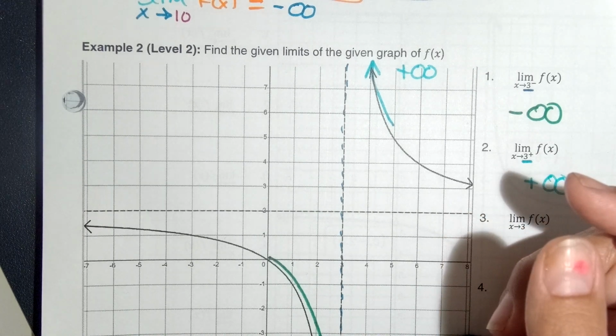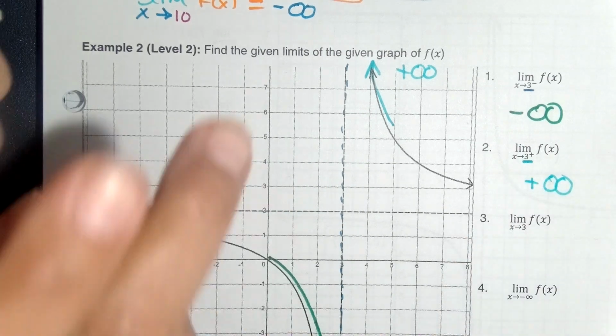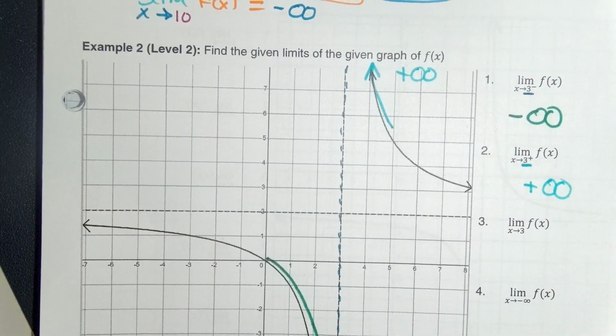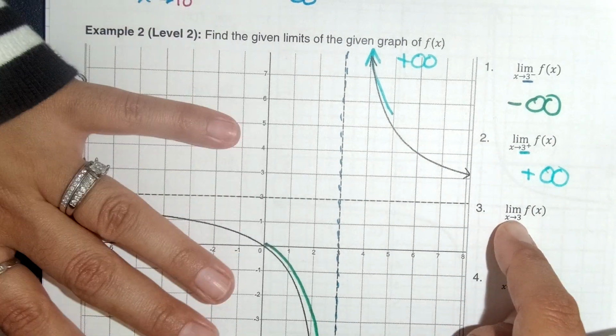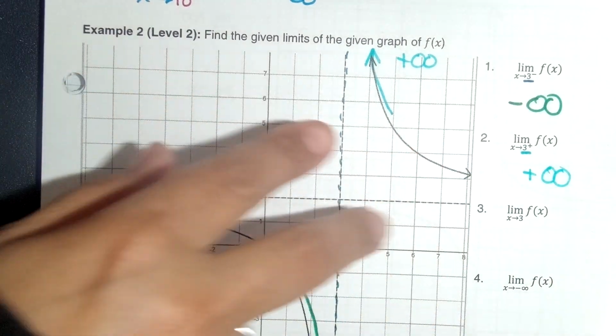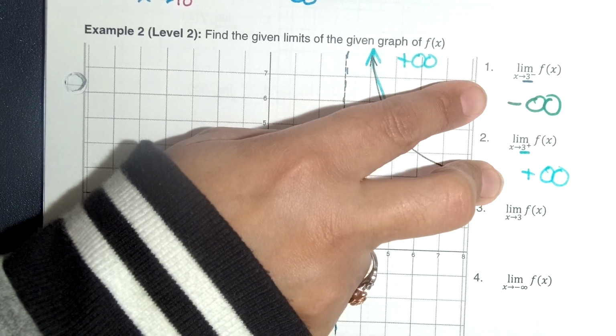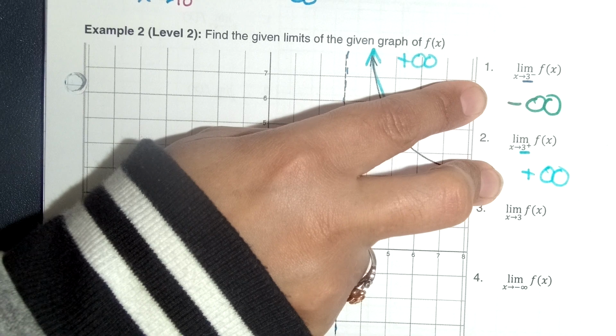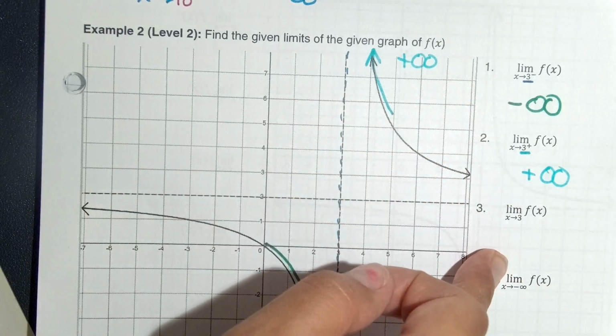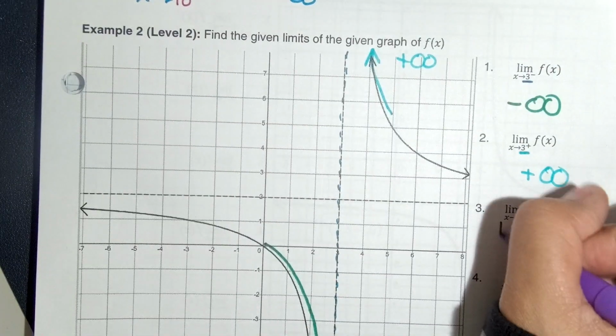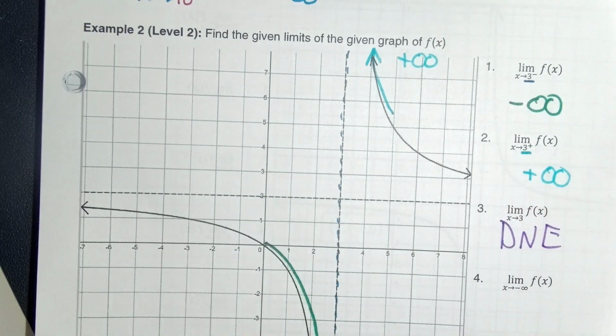Questions? Are we sure? All right. Let's do now the limit as x approaches 3. Remember, for a limit to exist, both the left and right hand limits have to equal. Are these equal? So then, does not exist. Do you guys want me to say that again? Okay.